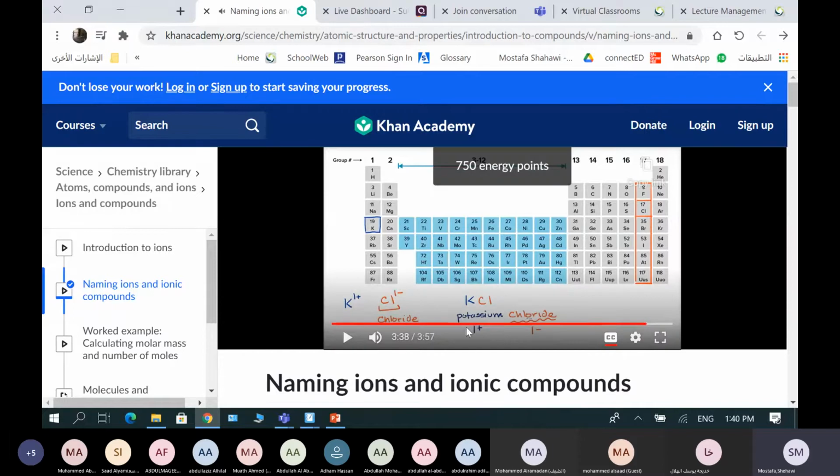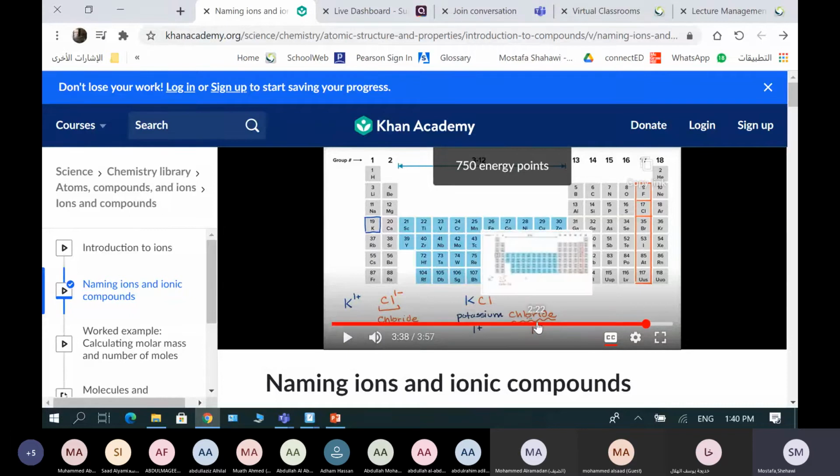He's explaining why we didn't name potassium like we add IDE to the anion. Why didn't we do something similar to potassium? He's asking this question, and the answer is that we know already that chloride has a -1. So for sure, potassium has a +1 without changing the name, because this is an ionic compound and the whole compound is neutral.